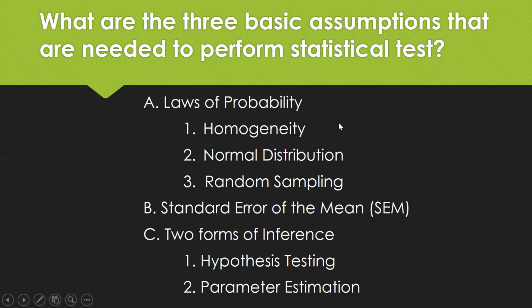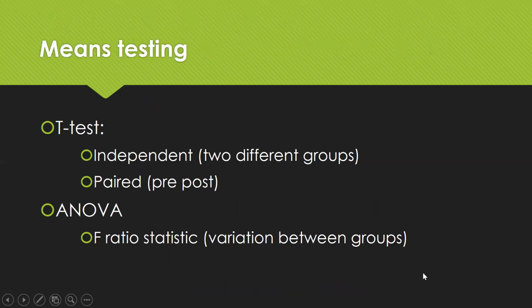So I just want you to start thinking about this conceptually, that all of what we're doing with inferential statistics is based on these laws of probability, but there are these other three factors that influence the type of test we choose. First of all, let's look at means testing.